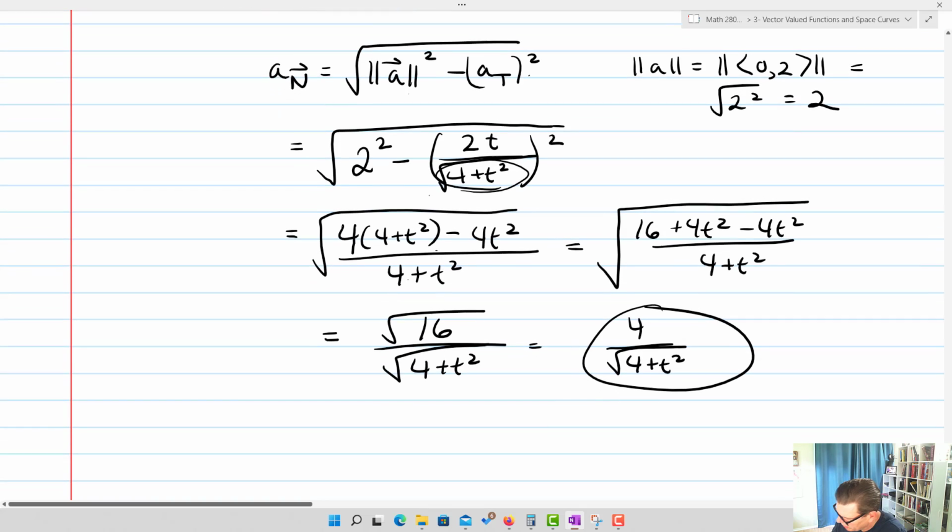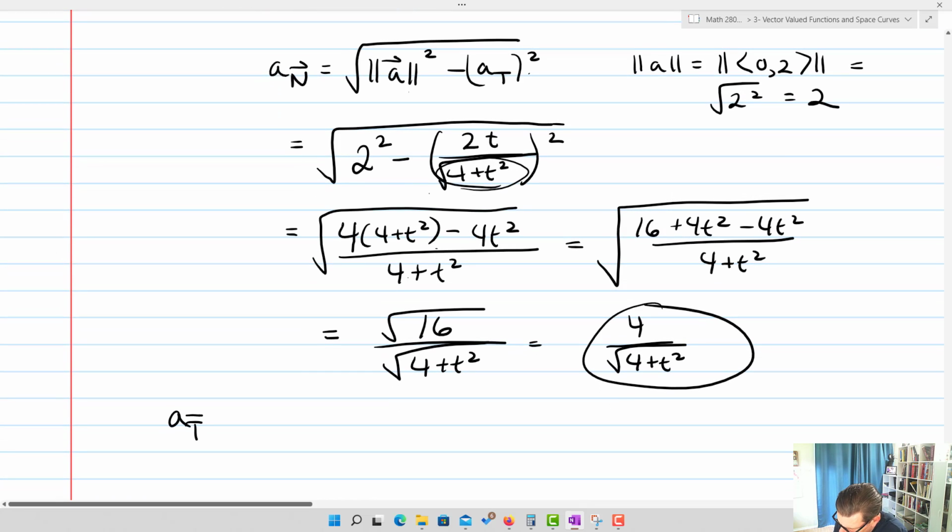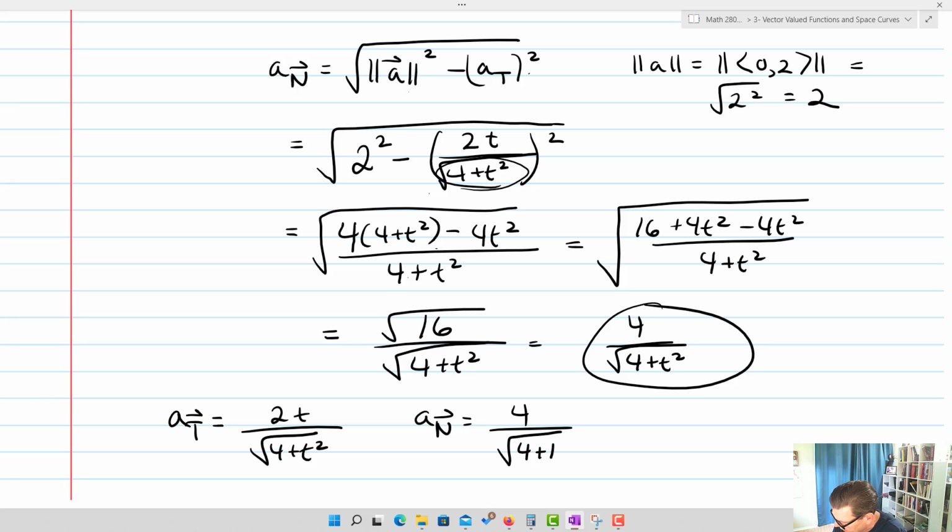So our tangential component, a sub t, is going to equal 2t over the square root of 4 plus t squared, and our normal component, a sub n, is equal to 4 over the square root of 4 plus t squared. You just got to utilize those formulas. Once you've done that, you're good to go. And that basically is that.